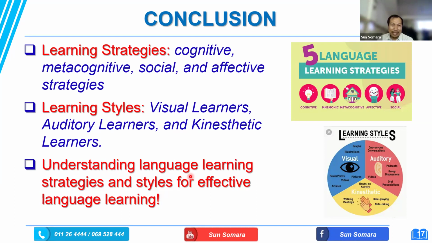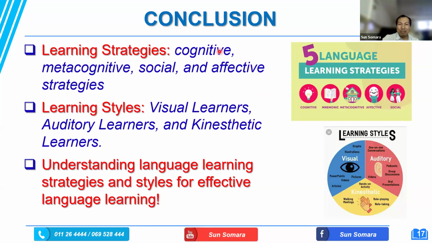Okay, so this slide, you can see, I will read and review this one. You can see the background of the group presentation as well. There are 5 language learning strategies. The first should focus on cognitive strategy, metacognitive strategy, social strategy, as well as affective strategy in here.